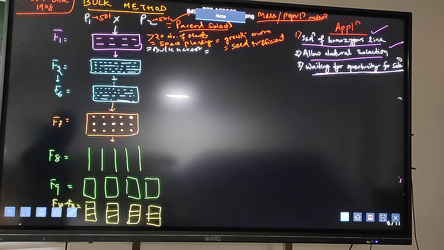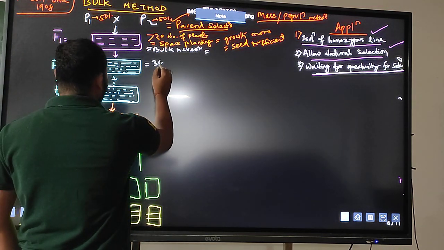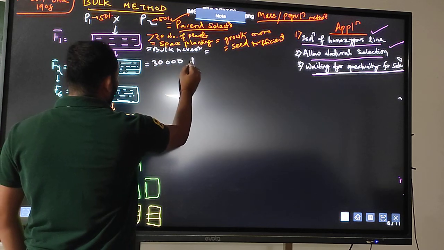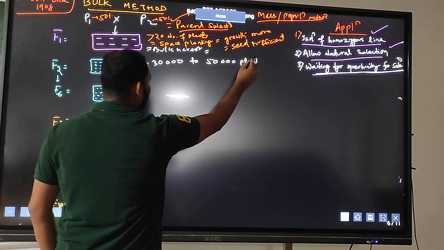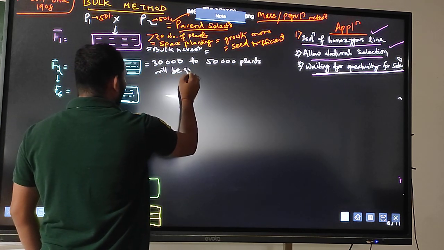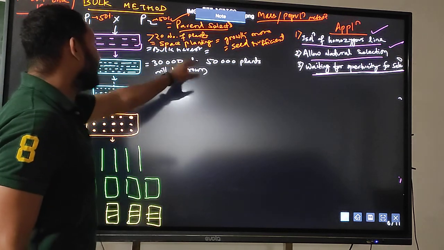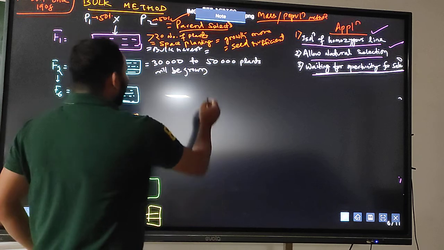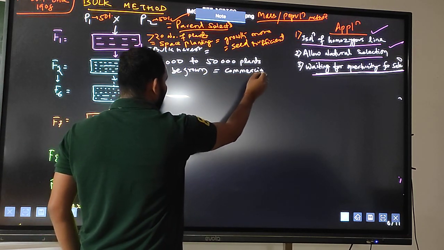You just remember, in this case about 30,000 to 50,000 plants will be grown, but the condition is here we will go for a commercial seedbed.